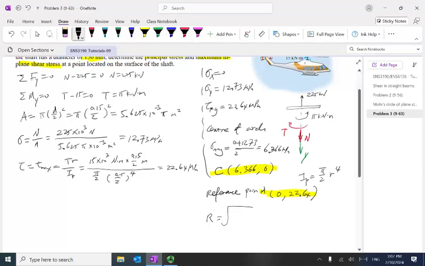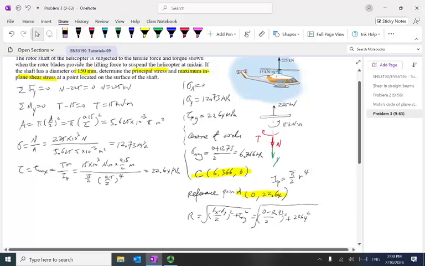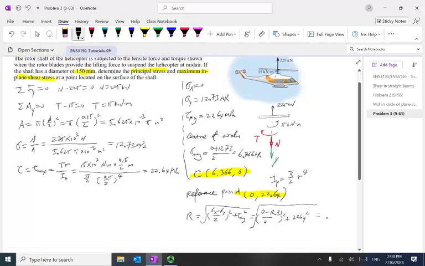I know many students want to use the equation: R equals the square root of half of sigma x minus sigma y, squared, plus tau xy squared. Put the values in: sigma x 0, sigma y 12.73, squared, plus tau xy 22.64 squared. You can see the value will be equal to 23.51 megapascal.